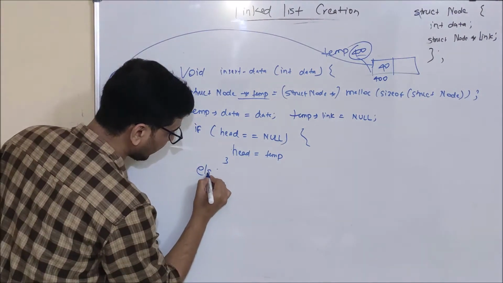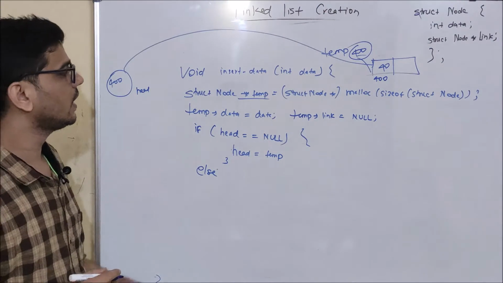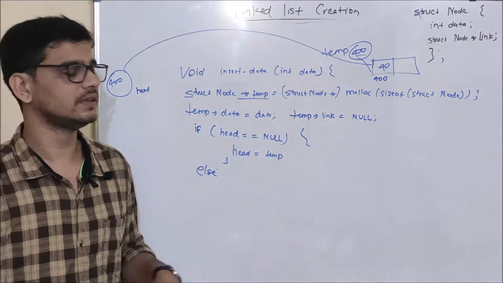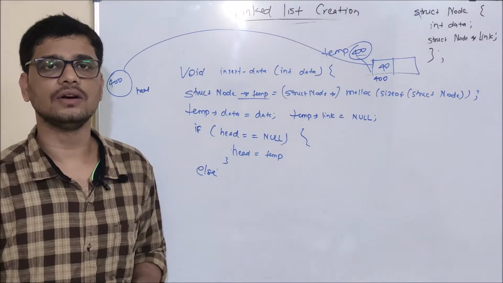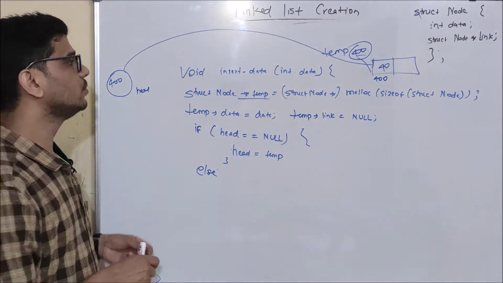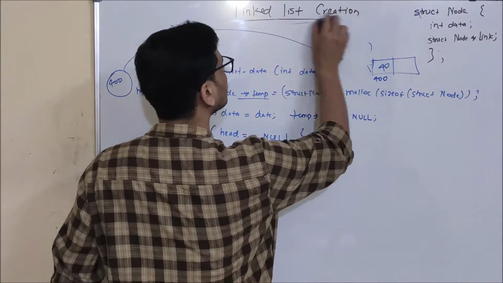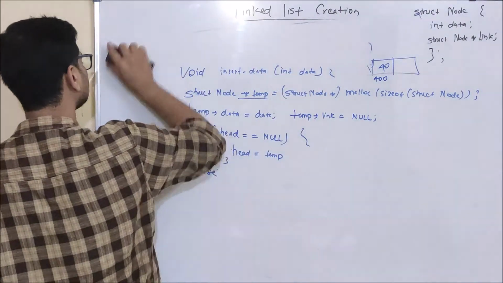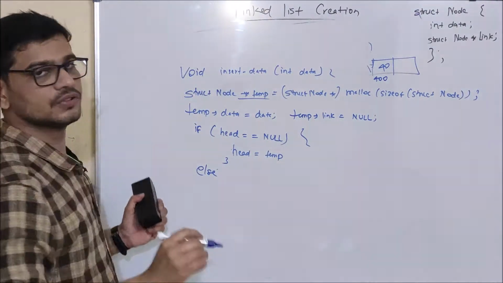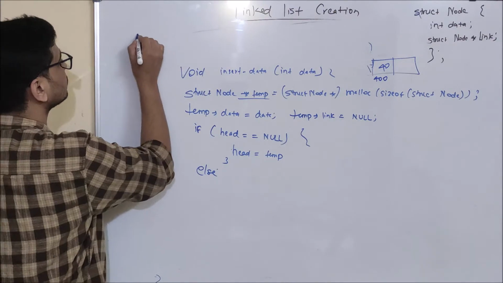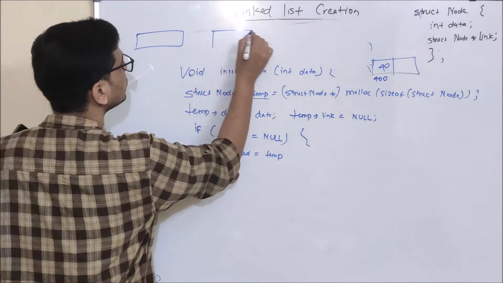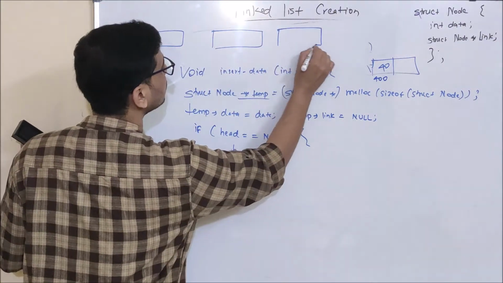That is, I have something in our linked list and I need to insert this data, that is this node, at the end of our linked list. And to do it, let's take an example first of all. Suppose I have 3 nodes in our linked list. This is our first node, this is second node, this is third node.